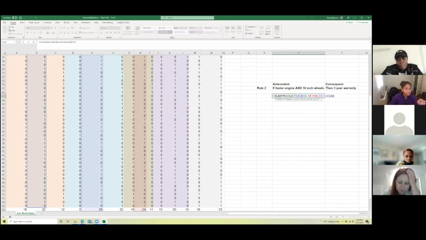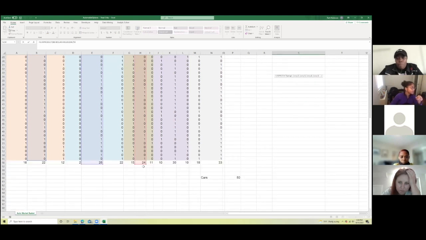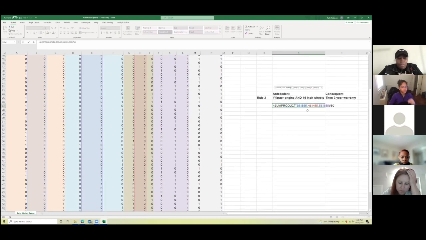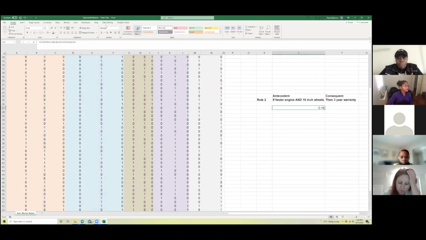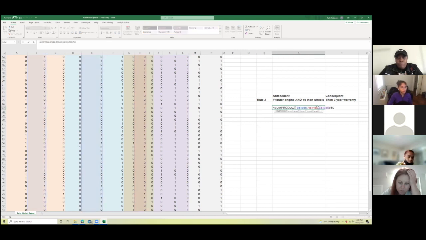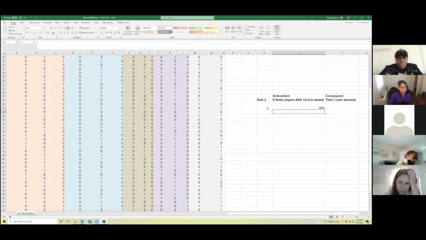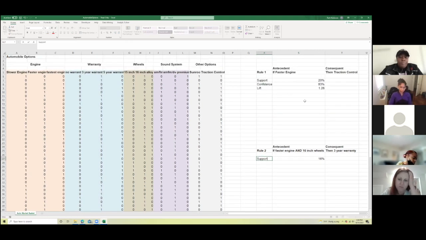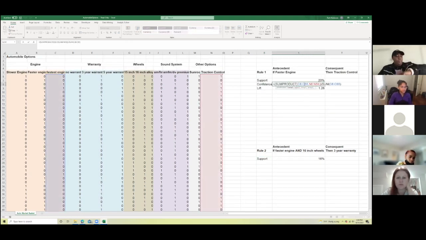If faster engine and, oh, I didn't change these. All right. And so that would be your support. So I did the sum product, including all three of the characteristics. And the same would apply for lift. You just do the sum product of all three.